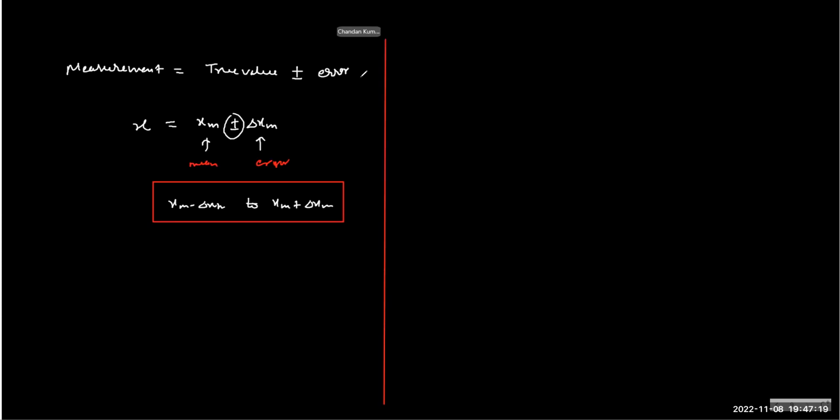Now, if you are trying to perform some experiment, and let's say you're trying to find the length, then for measuring the length you will choose some instrument, right? Maybe a meter tape, a bigger one, a smaller one, a ruler, whatever.